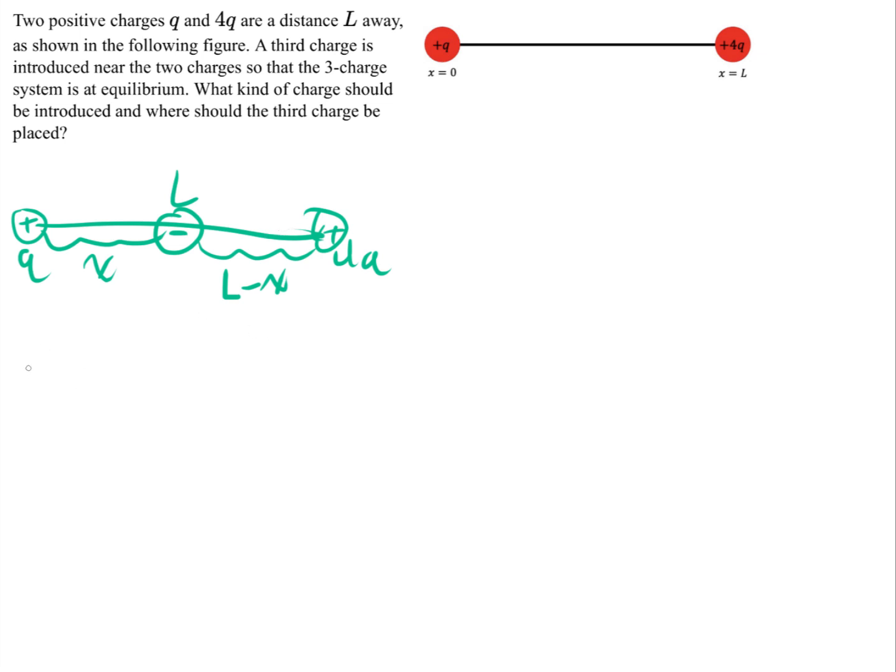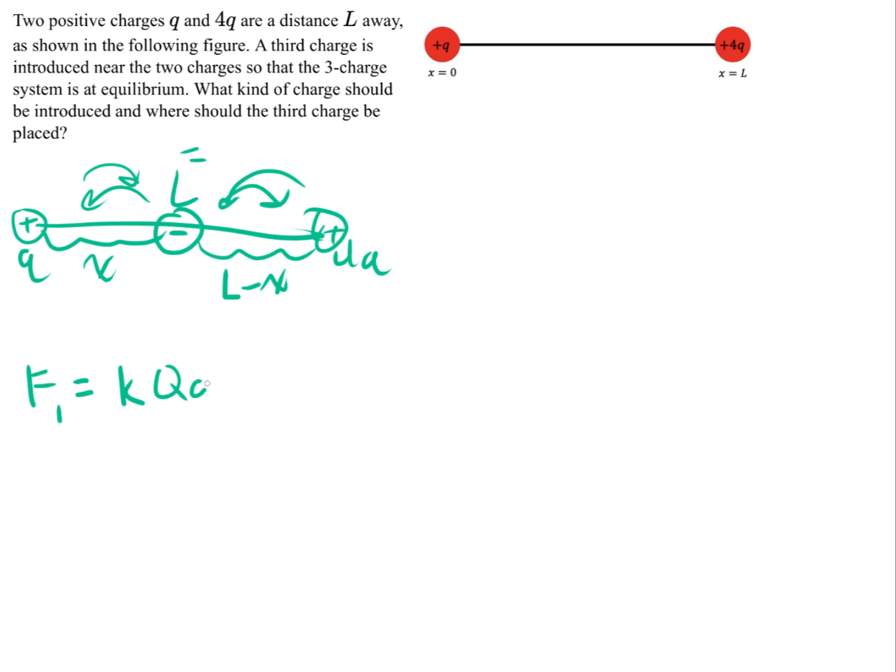We know that the force that the negative charge exerts on Q must be equal to the force it exerts on 4Q. That is to keep everything balanced so that this charge does not get pulled one way or the other. So the first force is equal to K, and I'm going to call the negative charge Q, the magnitude of the charge. I don't want to bring signs into this, to keep it simpler.